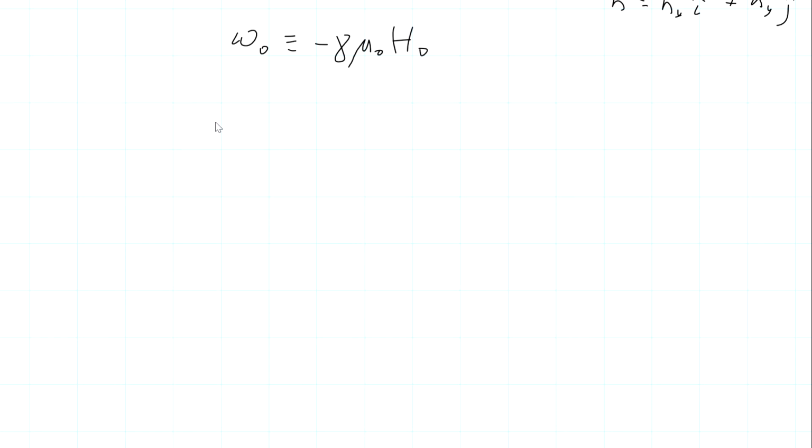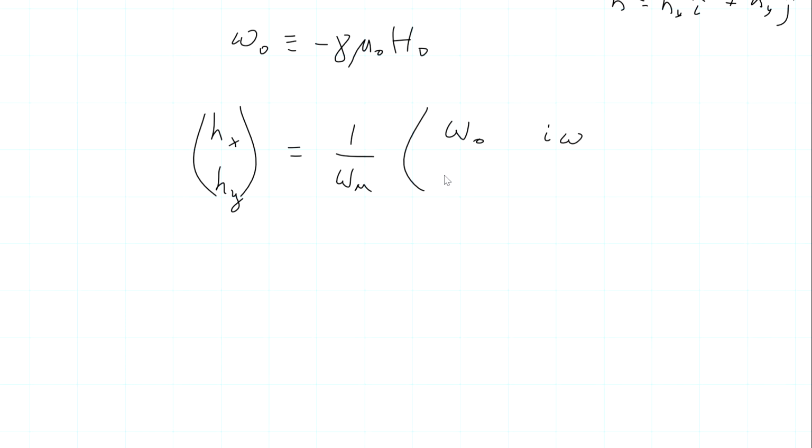I'll write it in the matrix form, hx, hy equal to 1 over omega M, omega naught, i omega, minus i omega, omega naught, and that is times mx, my.